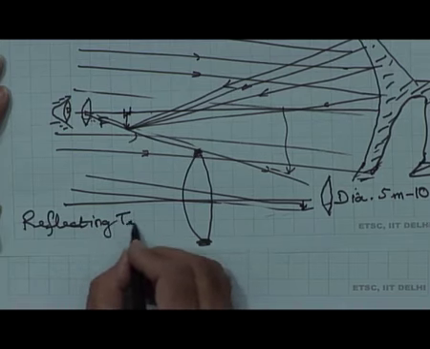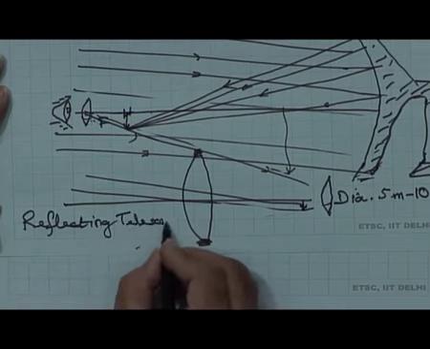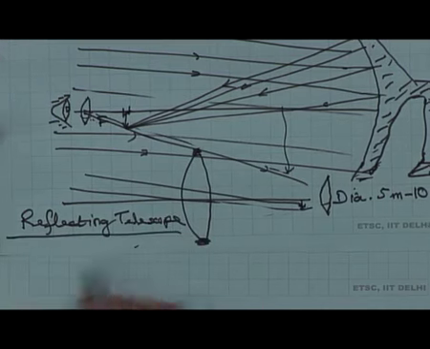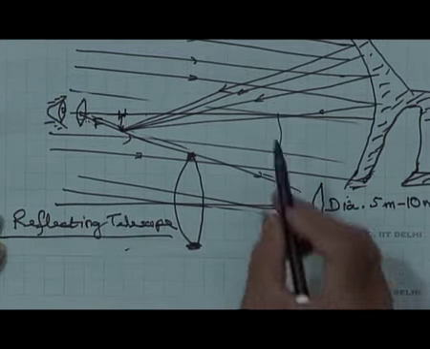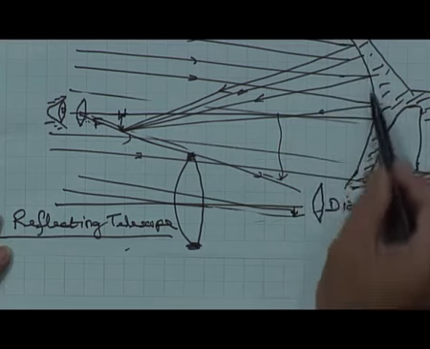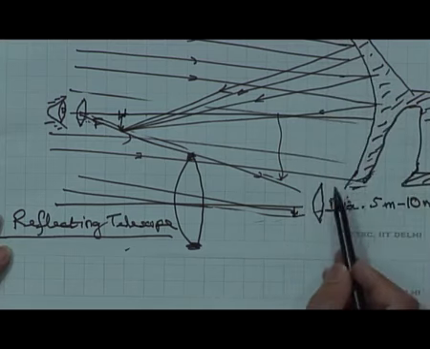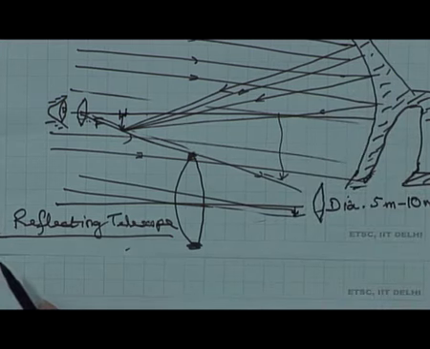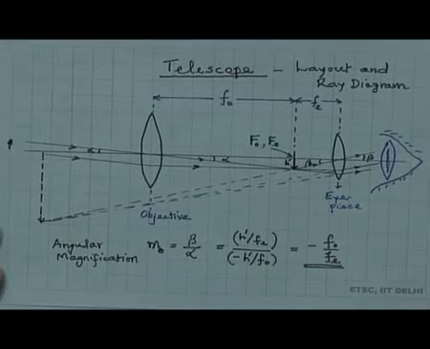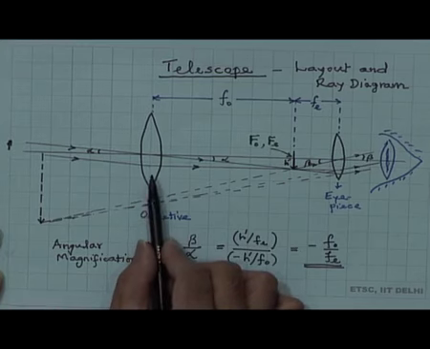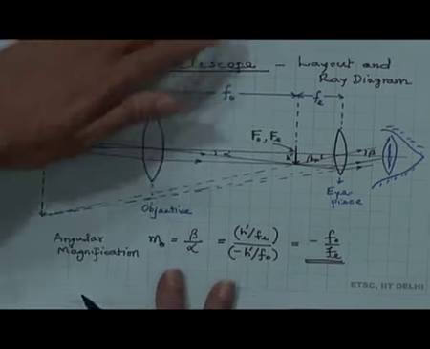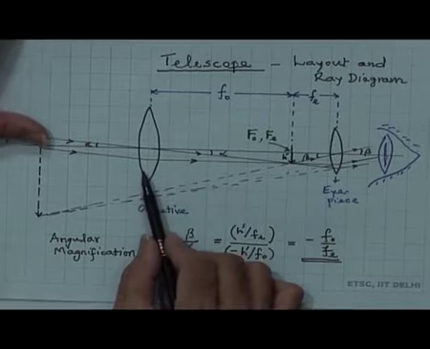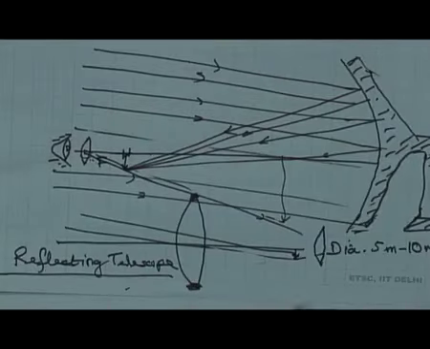A reflecting telescope is one where the objective is a concave mirror, a reflecting mirror, instead of the lens which we have used as an objective earlier. Whereas, the telescope which we had seen earlier, where a lens is used as the objective, is called a refracting telescope.